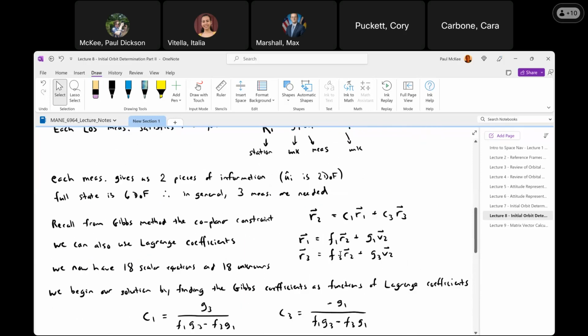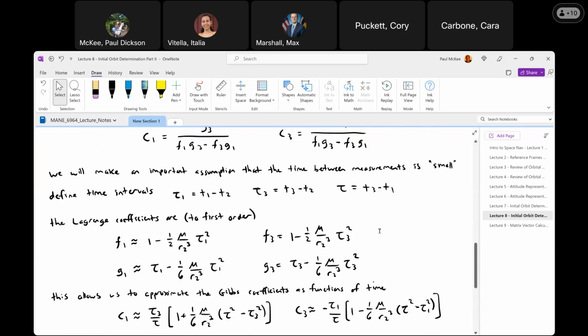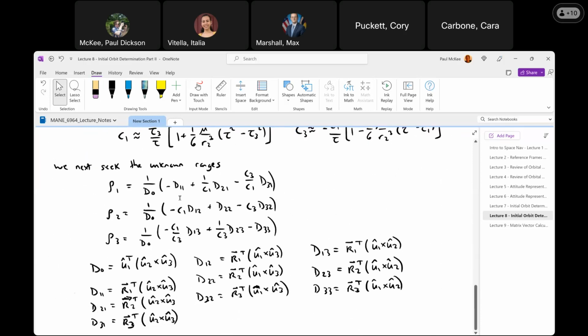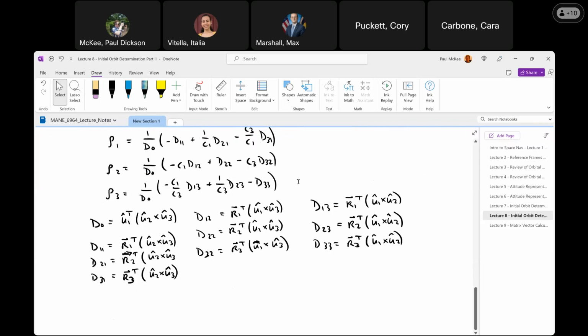And if you know that, we can do some other fun stuff with Lagrange coefficients to get R2 and V2. So we're setting everything up. The big keystone, the one block in Jenga that needs to come out before the whole thing can come tumbling down, is R2, the scalar R2, the distance from the center of the Earth to the orbiting body at the second time measurement. So that's what we're after next.